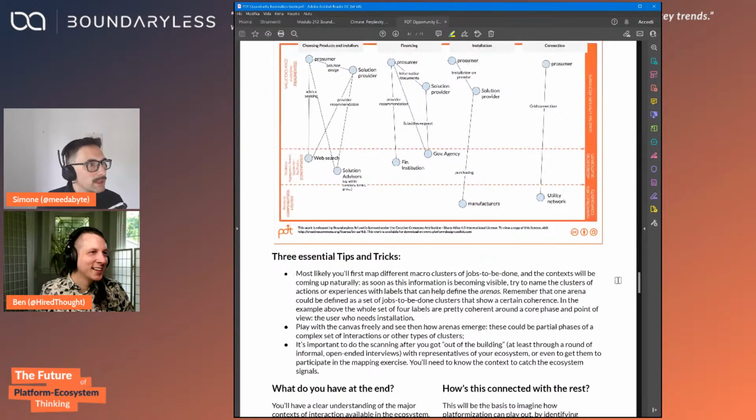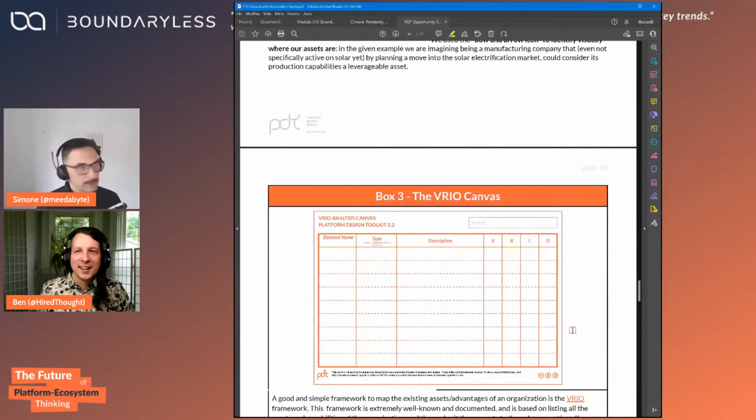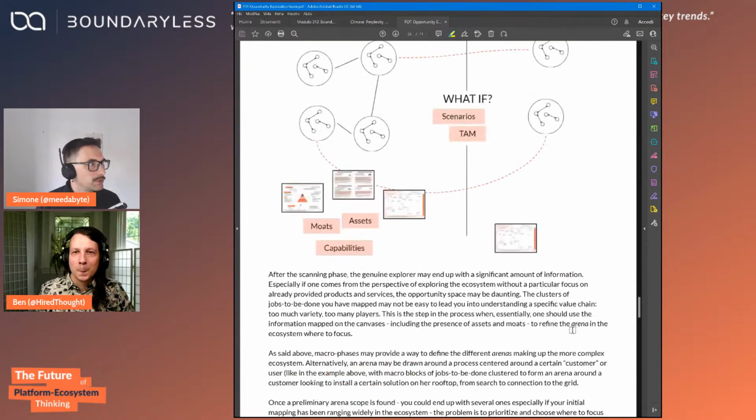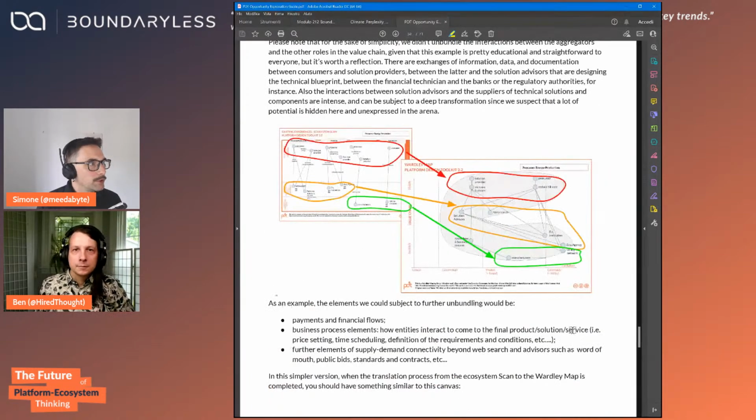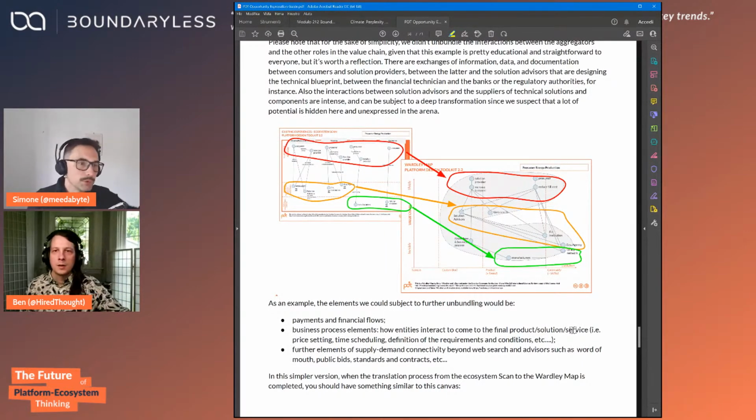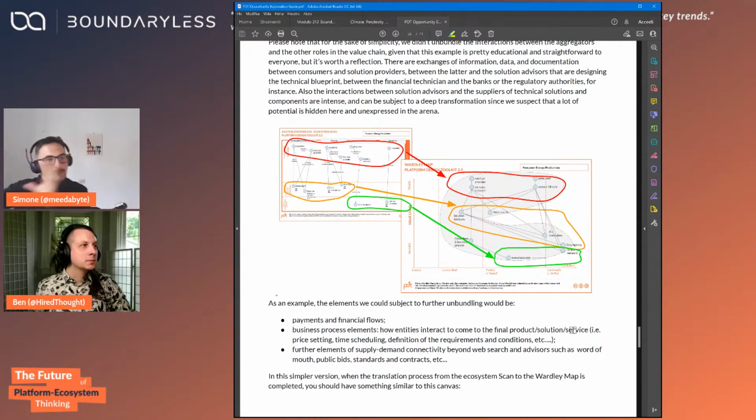The process suggests that you take what is in the scan and bring it to the Wardley map. So you use the scan as a source for the post-its that you're going to put into the Wardley map.